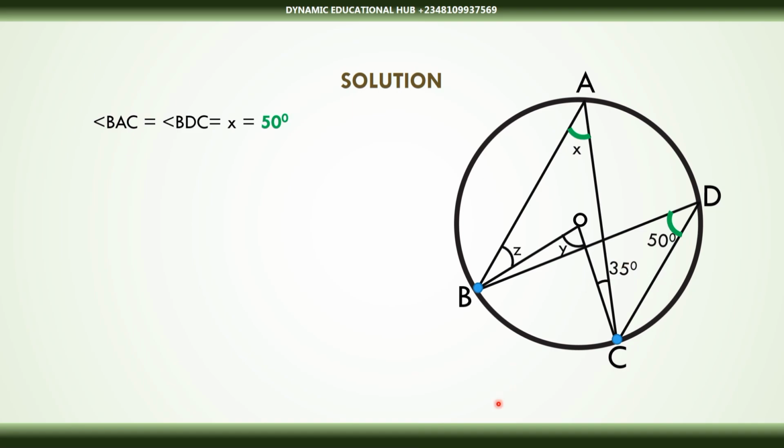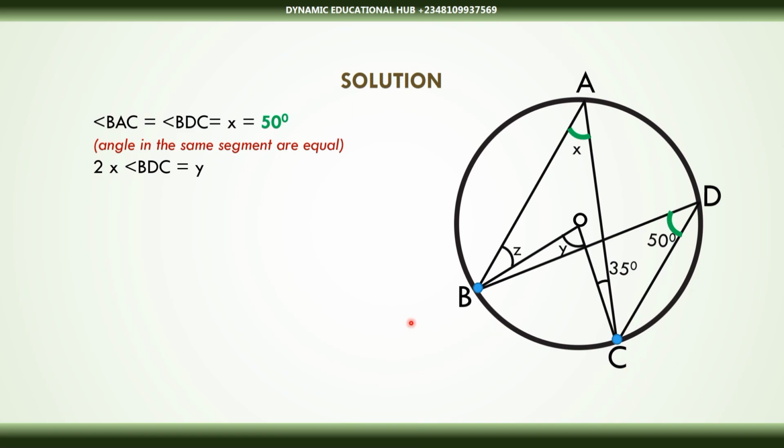You can see the 2 points here. The next thing is we should know that an angle is being formed at the center, which is angle BOC, and that angle is y. Now if you pick any one of these, either you pick this x or you pick this 50 degrees. So x is BAC, this 50 degrees is BDC.